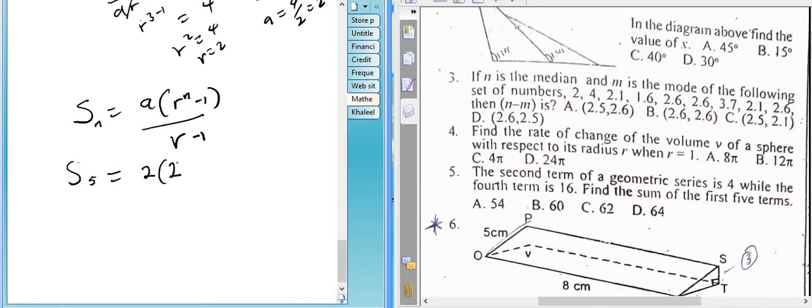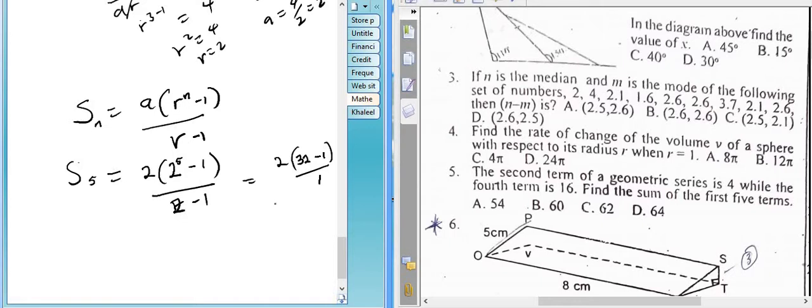So we can say 2 times 2 to the power 5, which is 32, minus 1, all over 2 minus 1, which is 1.